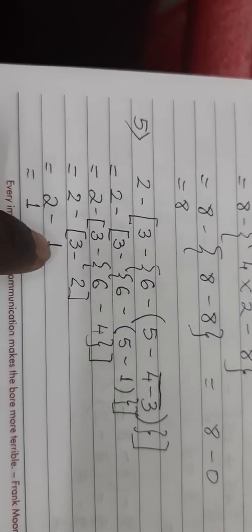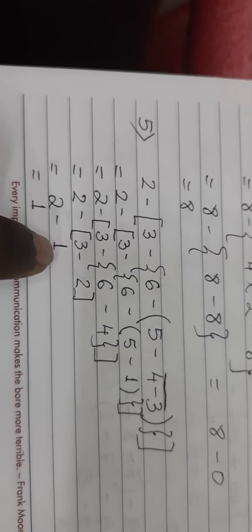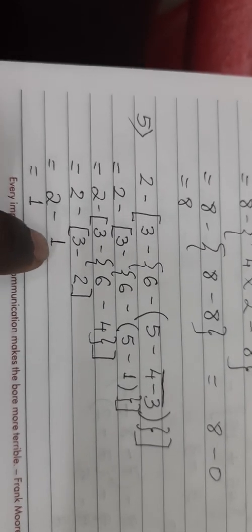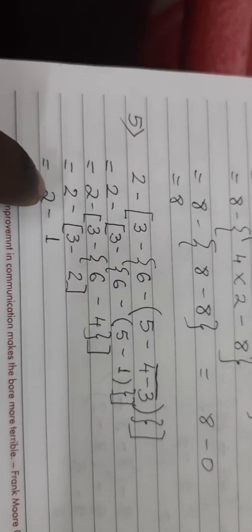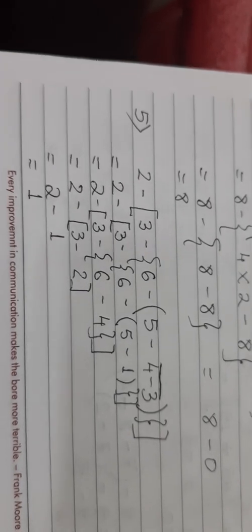Then we solve the first bracket. Then we solve the second bracket. And at the end we solve the third bracket. And when we are left with just one number after solving the brackets, we get a single value over here that we subtract from the number which is outside, 2. So 2 minus 1 is 1.